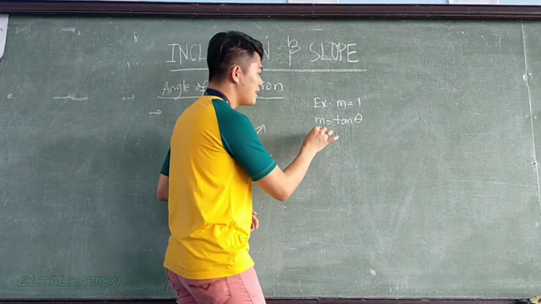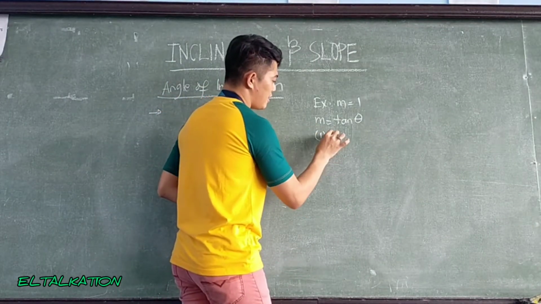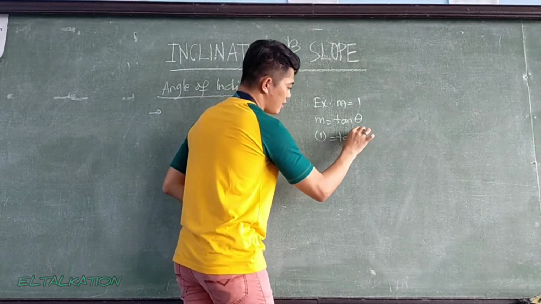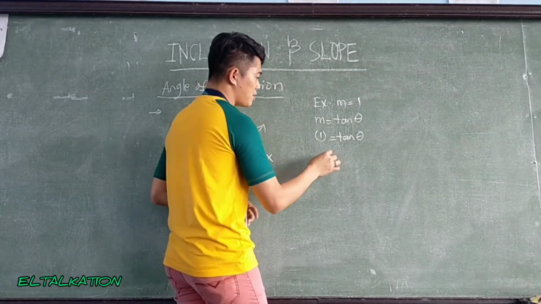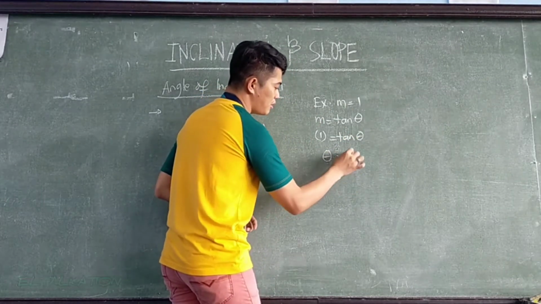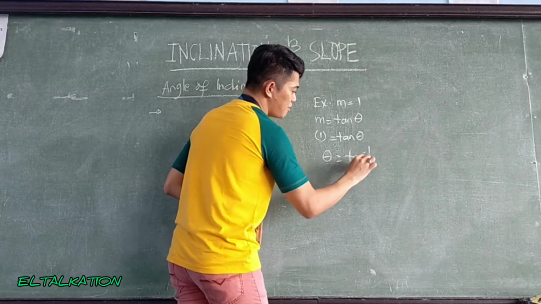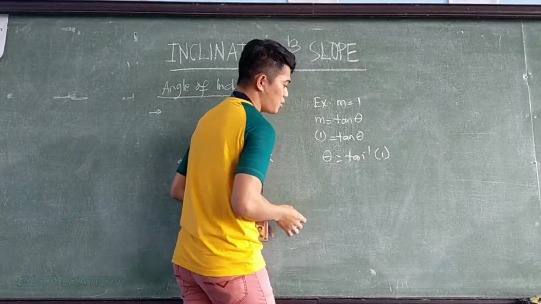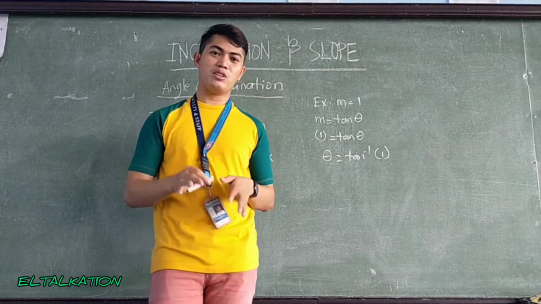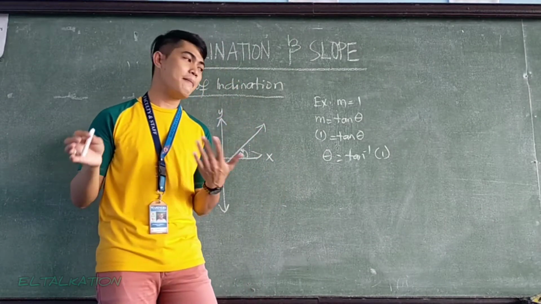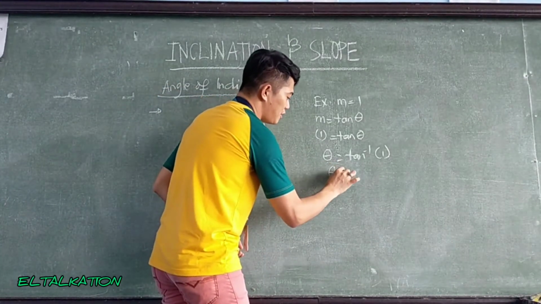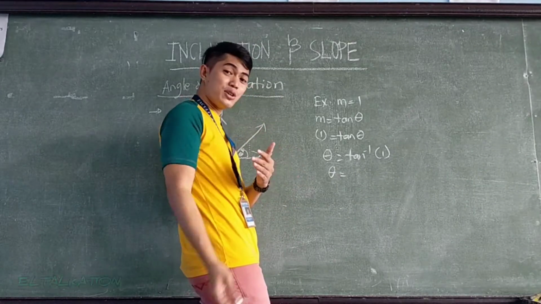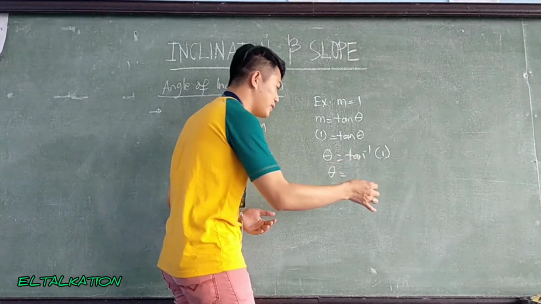So we have 1 equals tan theta. So transpose, we have theta is equal to tangent negative 1 times 1. So kapag kinalculate nyo ito sa calculator, ano po yung result? So that is 45 degrees.